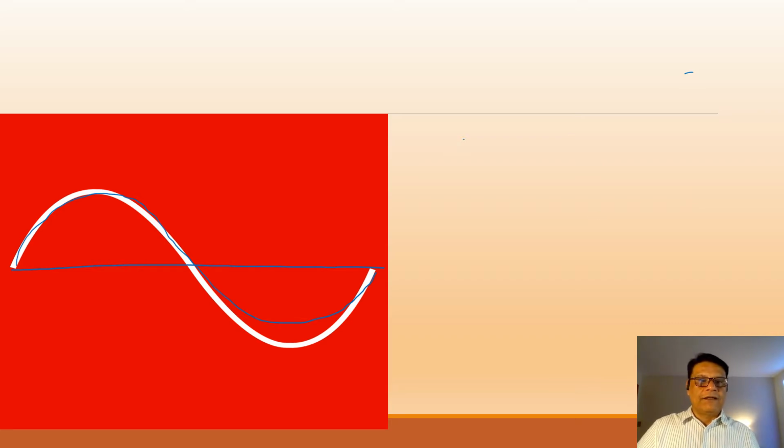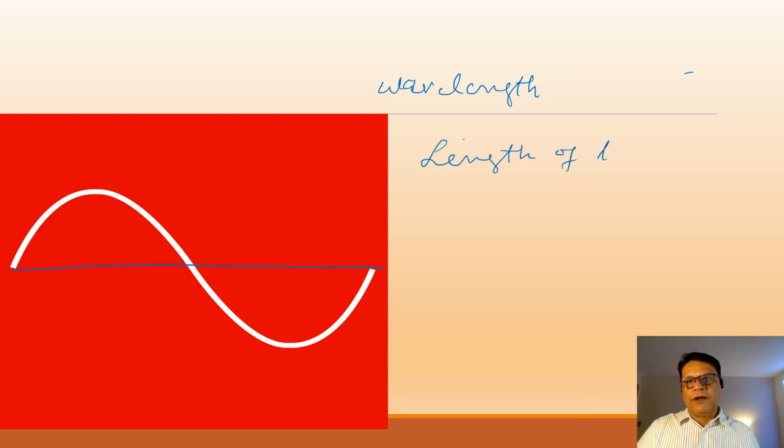As far as wavelength is concerned, we already discussed that wavelength is the distance. The name indicates the length of the wave. The length of the wave starts from this point and ends at this point.